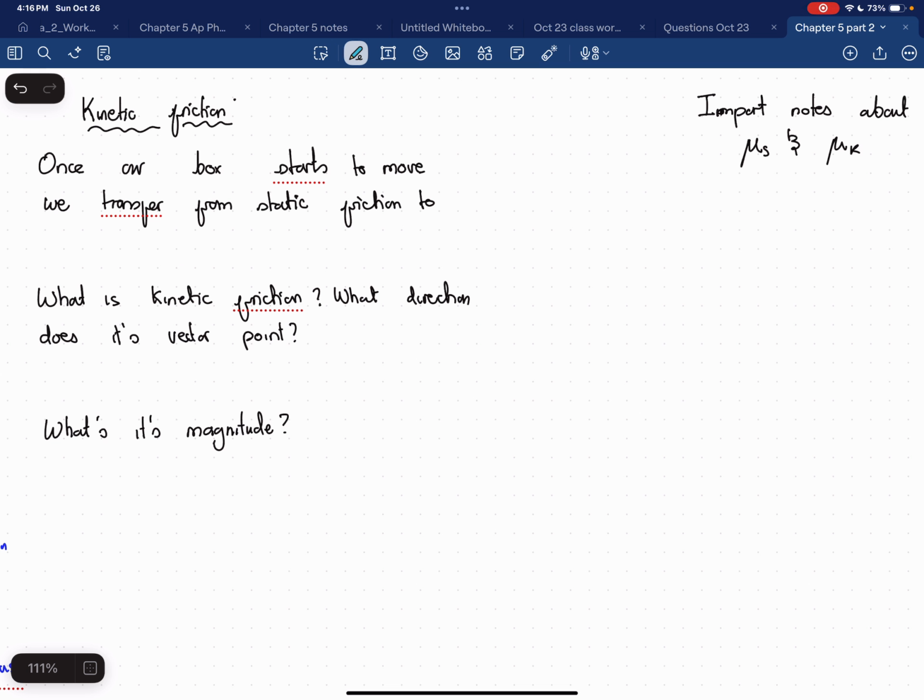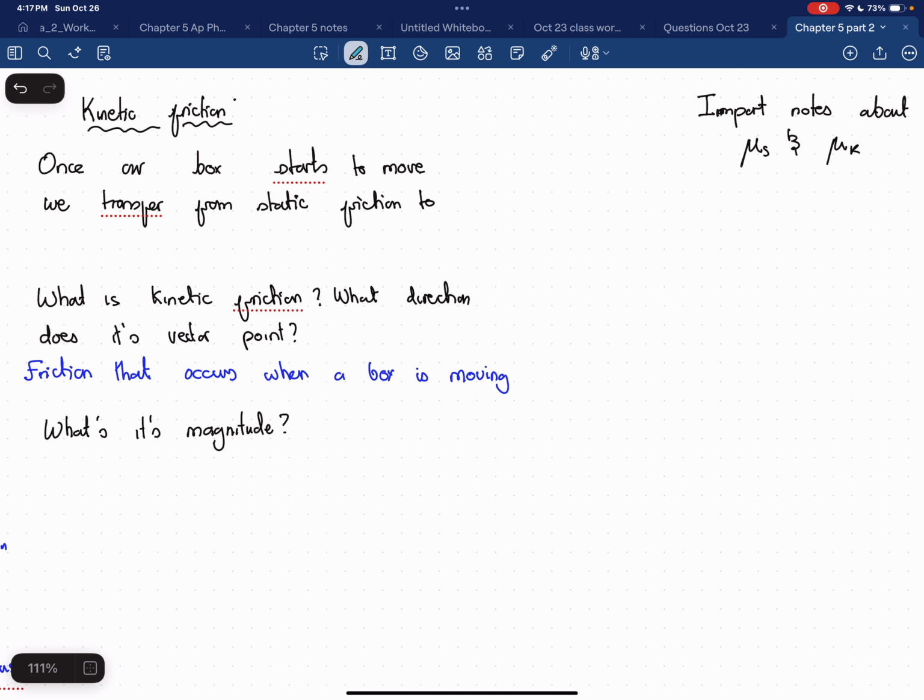So what is kinetic friction? Kinetic friction is friction that occurs whilst an object is moving. Friction that occurs when a box is moving.